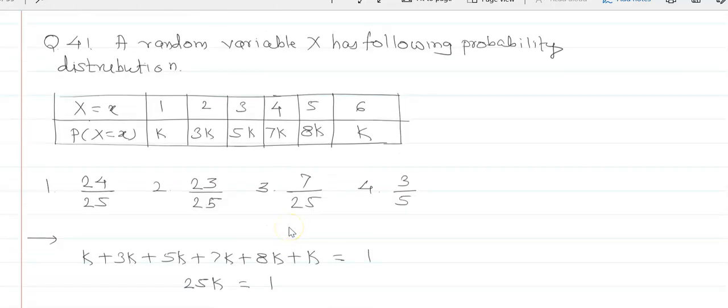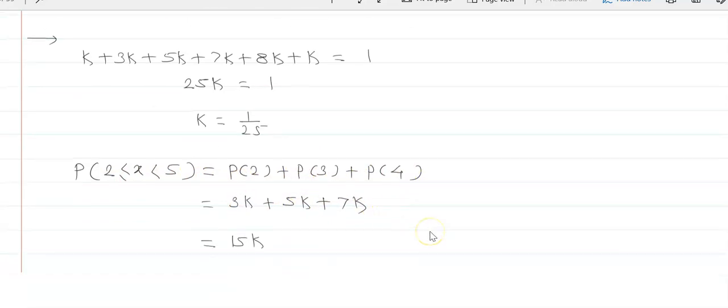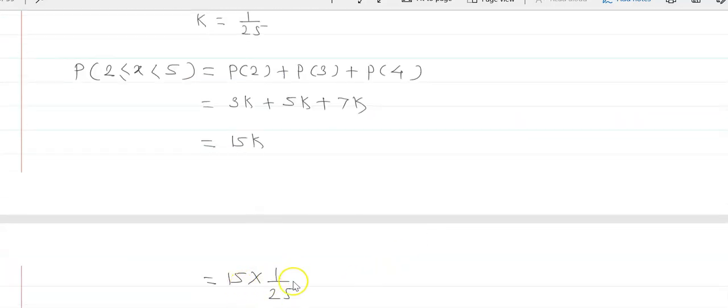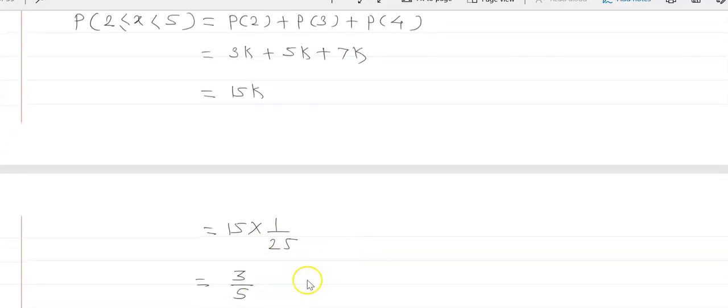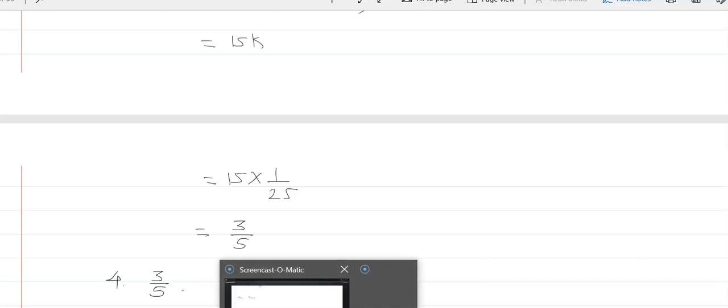We want to find the probability P of x lies between 2 to 5, equal to 2 and less than 5, that is 2, 3, 4, that is 3k, 5k, 7k, 15k, that is 15 into 1 upon 25, that is 3 by 5. And hence the fourth option is the correct one.